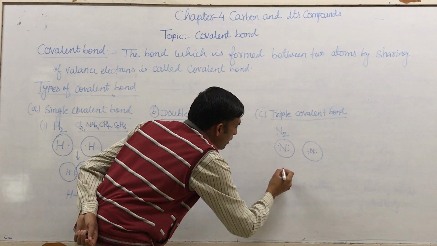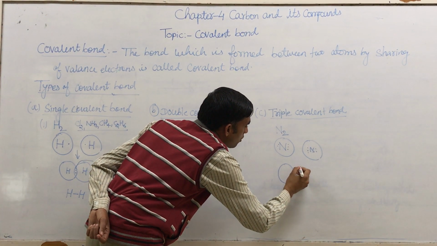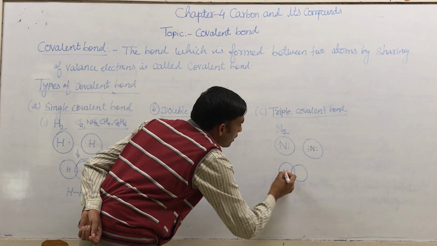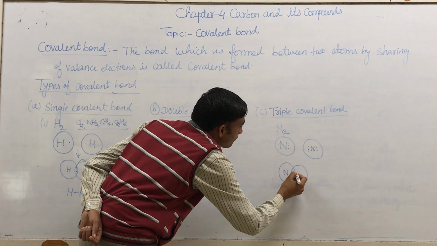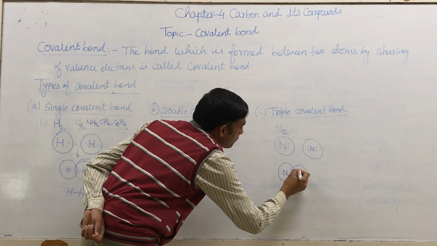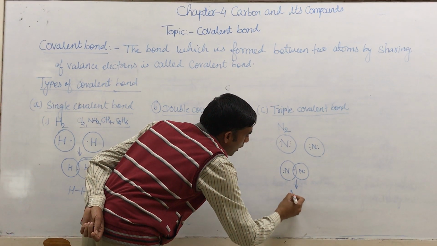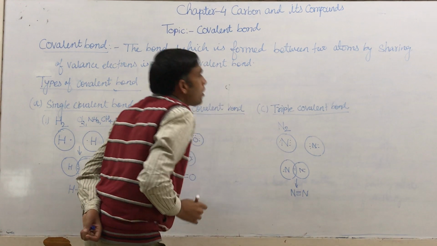Each nitrogen shares 3 electrons to complete 8 electrons in the outermost shell, or obtain the nearest noble gas electronic configuration. And this is the triple covalent bond in nitrogen.